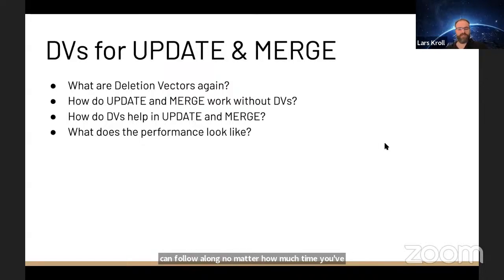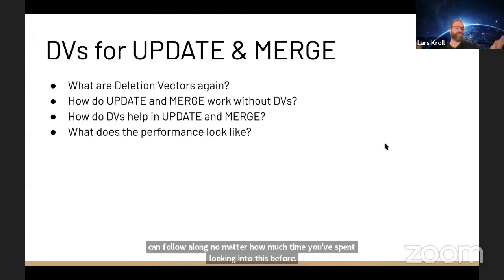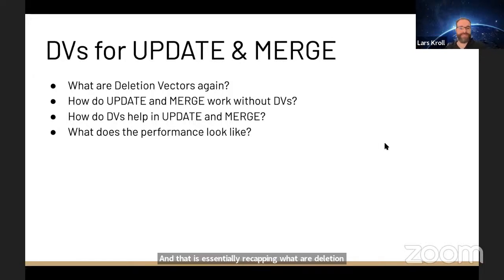That is recapping what deletion vectors are at all, and secondly, some background on how update and merge commands work if you're not using DVs. So they worked this way until we introduced this support. Once we have covered that, we'll go into detail on how we can actually use deletion vectors to improve update and merge, and what we gain in terms of performance.